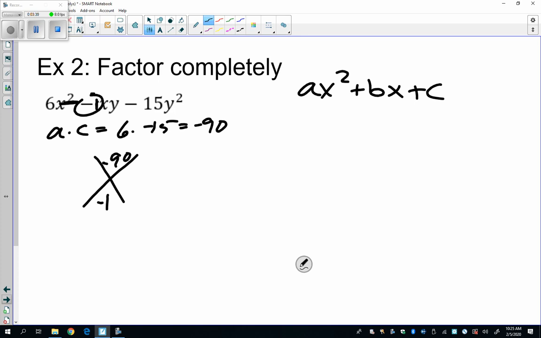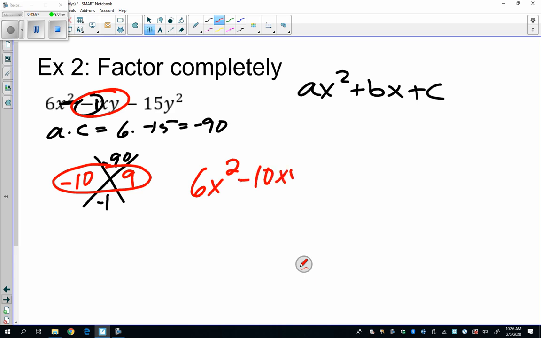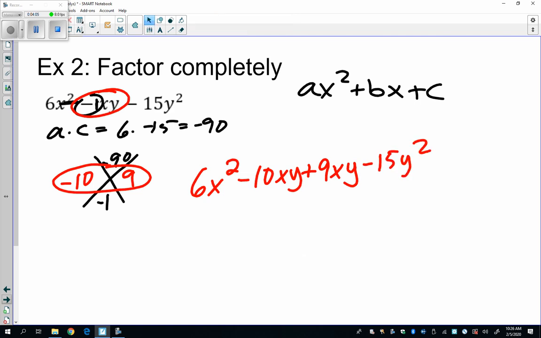Those two numbers are negative 10 and positive 9. We're going to take those two numbers and split up the middle term, the b term. We have 6x squared minus 10xy plus 9xy minus 15y squared.